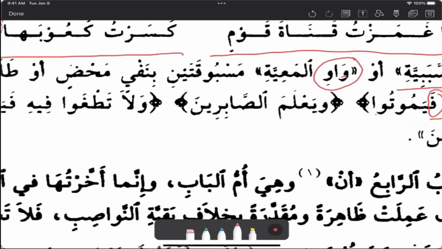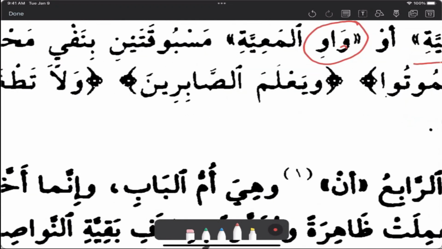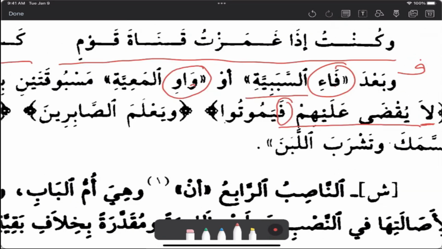Here, وَيَعْلَمَ الصَّابِرِينَ. Looks like, and he knows the patient. But when you studied the naHw, you'd say, wait a minute. All right, we'll see it in the explanation when the author comes to it.